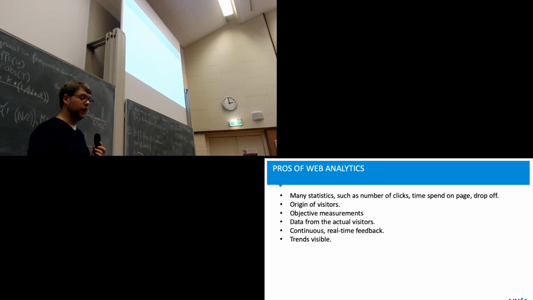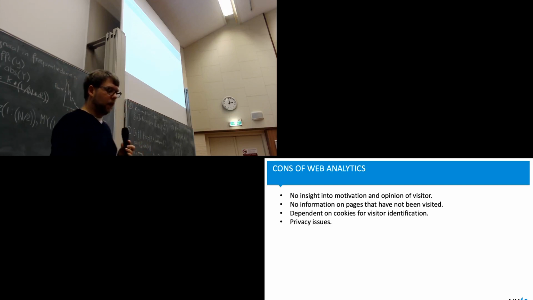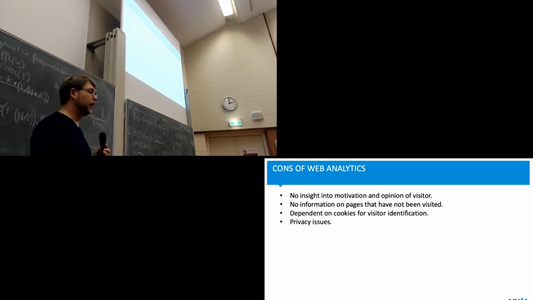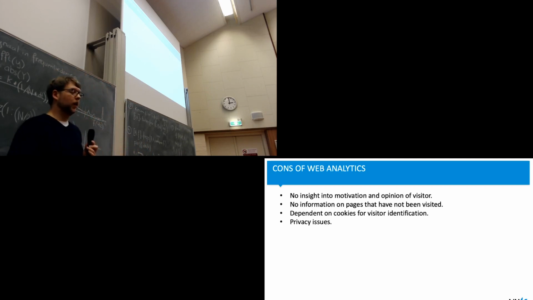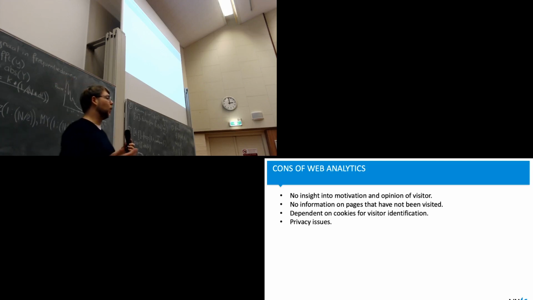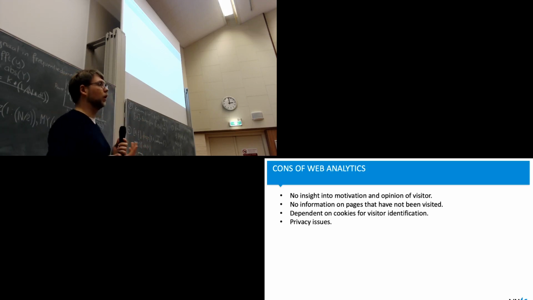You have data from real users, and you can have this feedback in real time. On the other hand, you don't get any information about users' intention. You can guess about this, but you don't have an understanding of what the user is actually looking for, what users need. And there might be privacy issues if you log a lot of data.